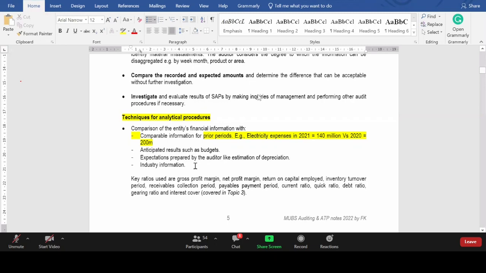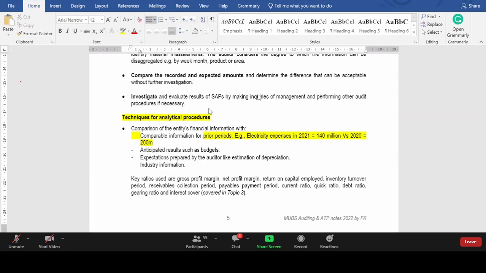If you're auditing MTN or you're auditing Airtel, you're going to look at the revenues of Airtel and compare them with the revenues of MTN. If there's a very big difference, then there's a problem. You're going to compare the revenues of Crown Beverages with those of Central Bottling Company. If there are big differences in different accounts, then you're not matching with the industry and there is a problem.